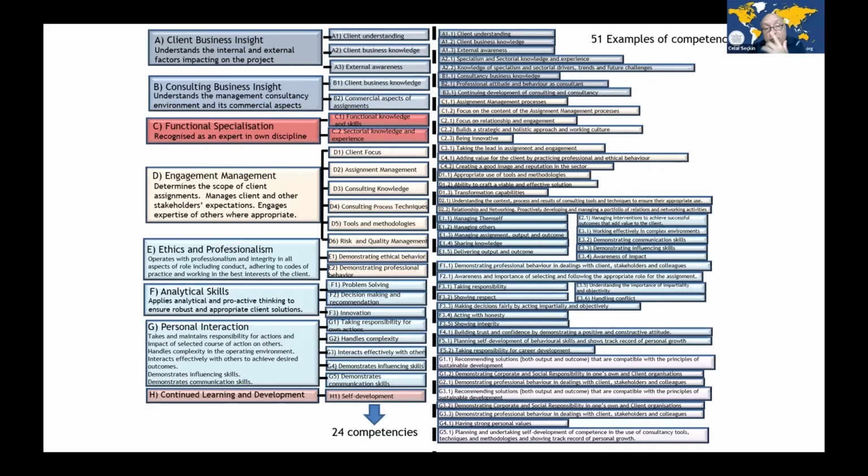So this is the full description. Maybe you are not able to see the whole details, and you don't have to read all of them. On the left-hand side, we have the key titles in the new version of the competence framework, and the 24 competencies in the middle column. The 24 competencies are the main titles that we need to focus and expect from CMCs. And on the right-hand side, we have the full details.